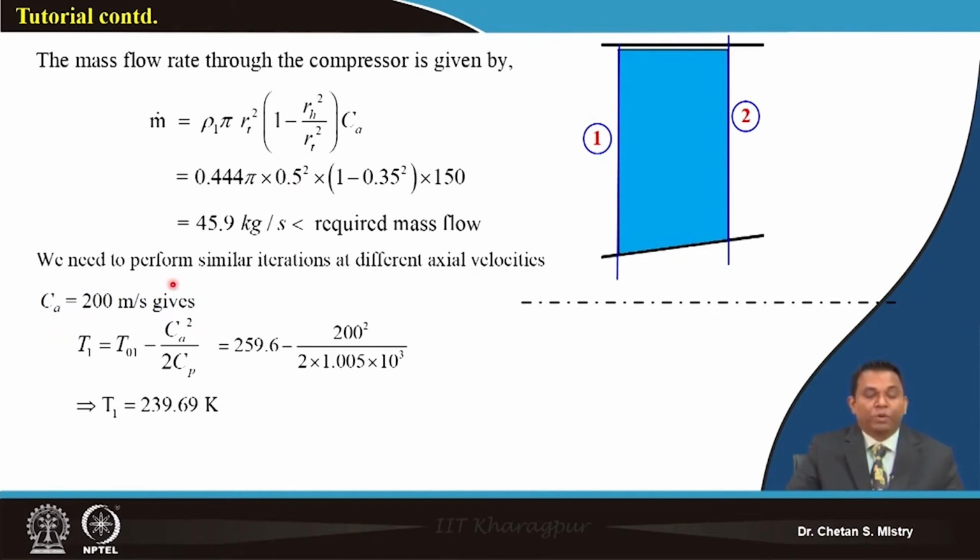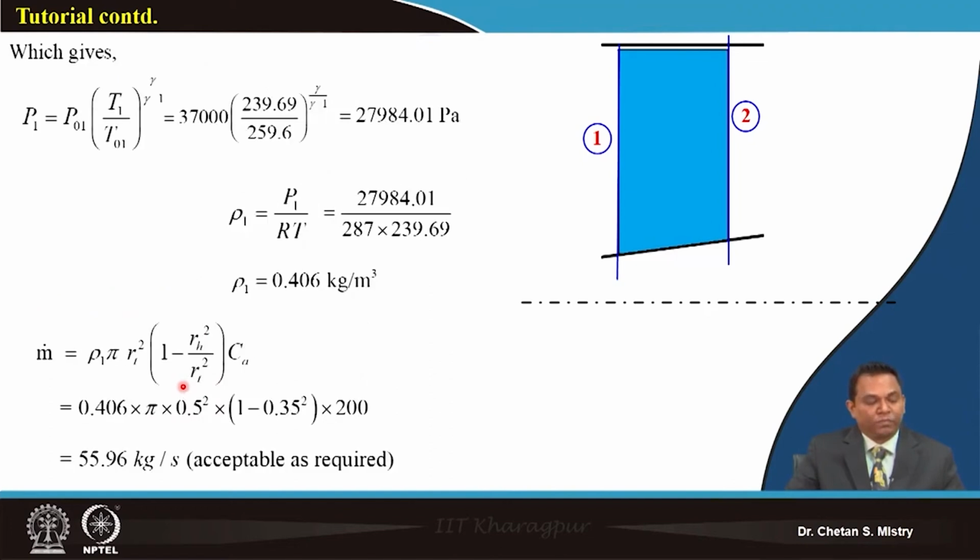If we take that to be 200 meter per second, our static temperature is 239.69 Kelvin. We can determine our static pressure, and that's coming to 27.98 kilopascal, and we can calculate our density.